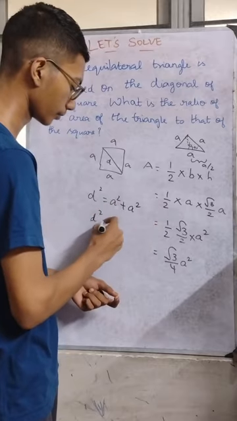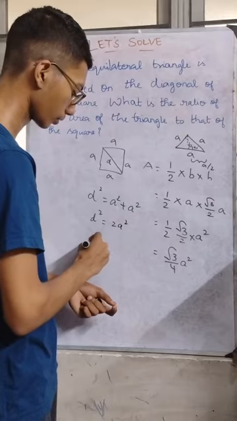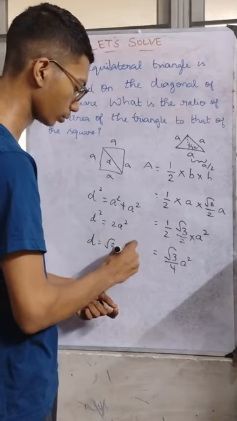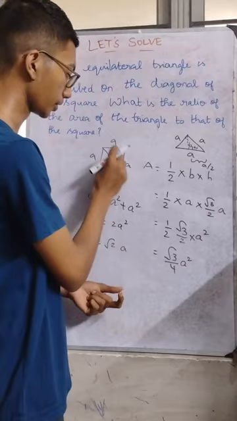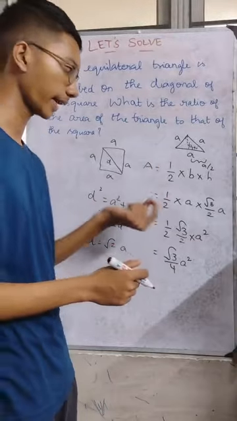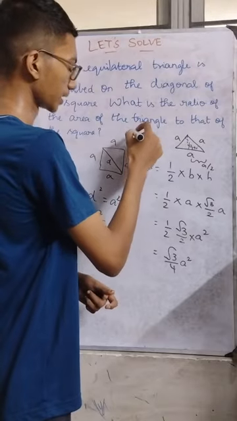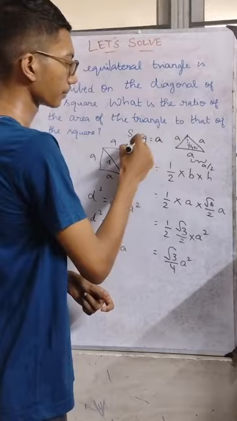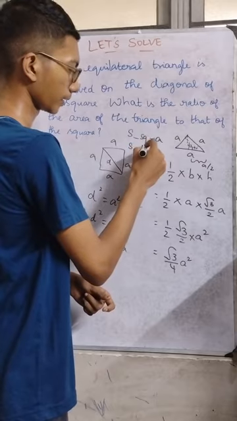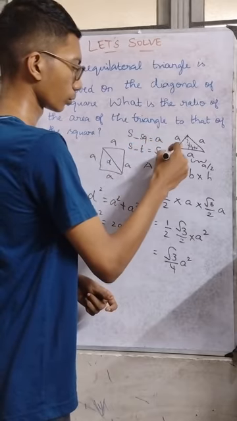So D square is 2A square, so the diagonal is root 2 A. This is the diagonal, which is the side of the equilateral triangle. So the side of the square is A and the side of the triangle is root 2 A.